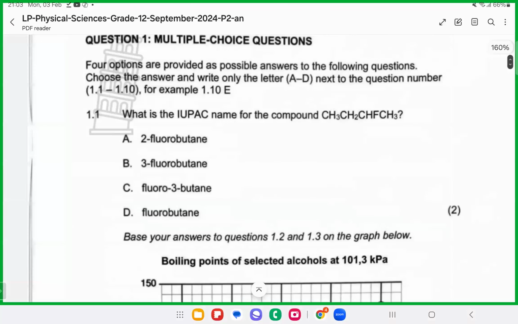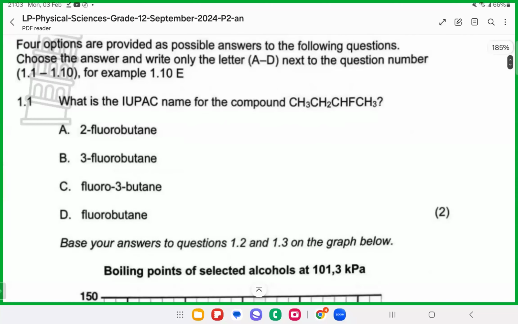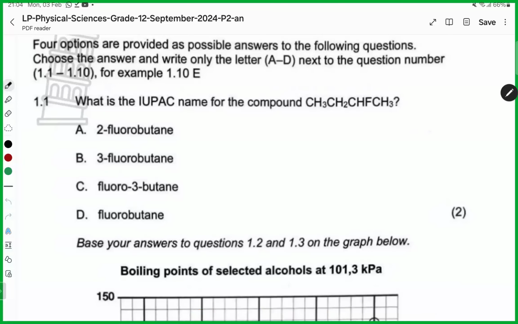Right, anyone? What's the IUPAC name of this compound? It's pretty straightforward. A, sir. Very good. It's 2-fluorobutane. If you want to draw it out, there's the first CH3 there.